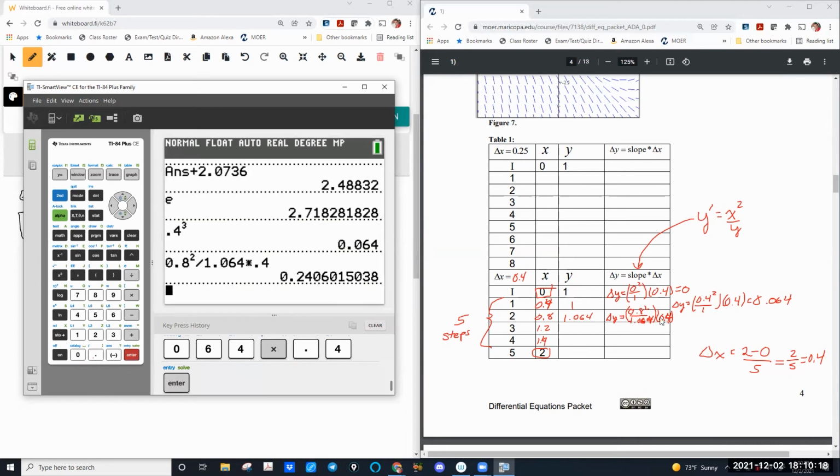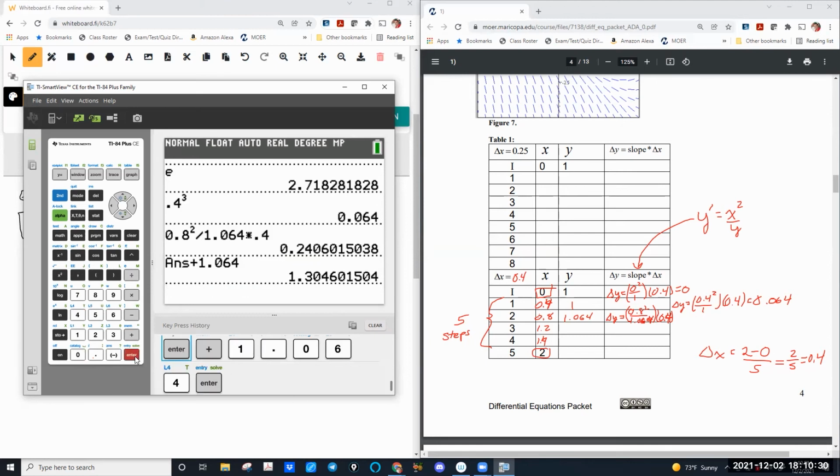There's our delta y for this one, and then that gets added to our previous y, 1.064. Oops, wrong answer. And that makes this next one 1.064.